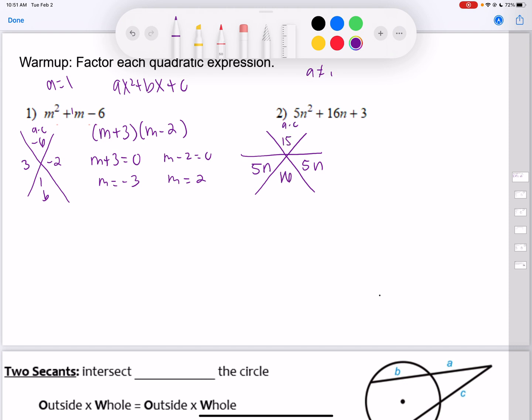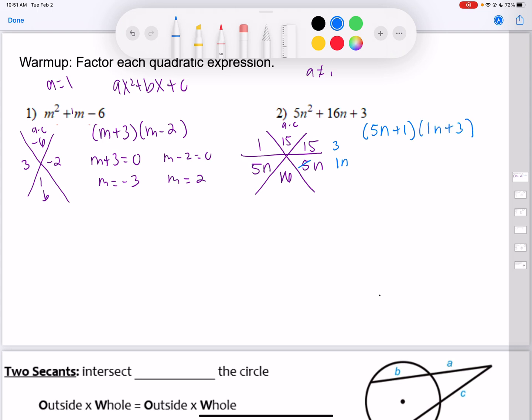So what multiplies to be 15 and adds to be 16? That's going to be 1 and 15. If you can reduce the fraction, 5 and 1 don't reduce, but 15 and 5 do. So that would become 3 and 1. So that means my factors are 5n plus 1 and 1n plus 3.